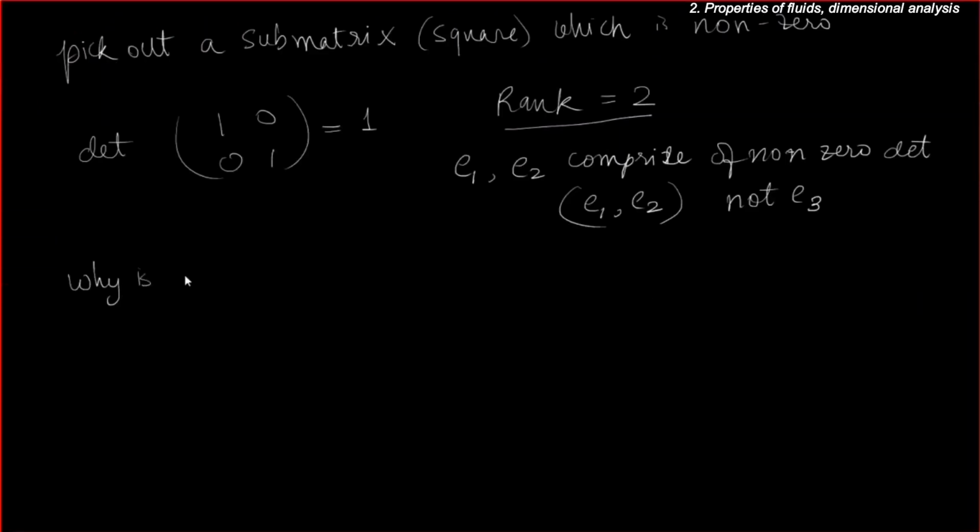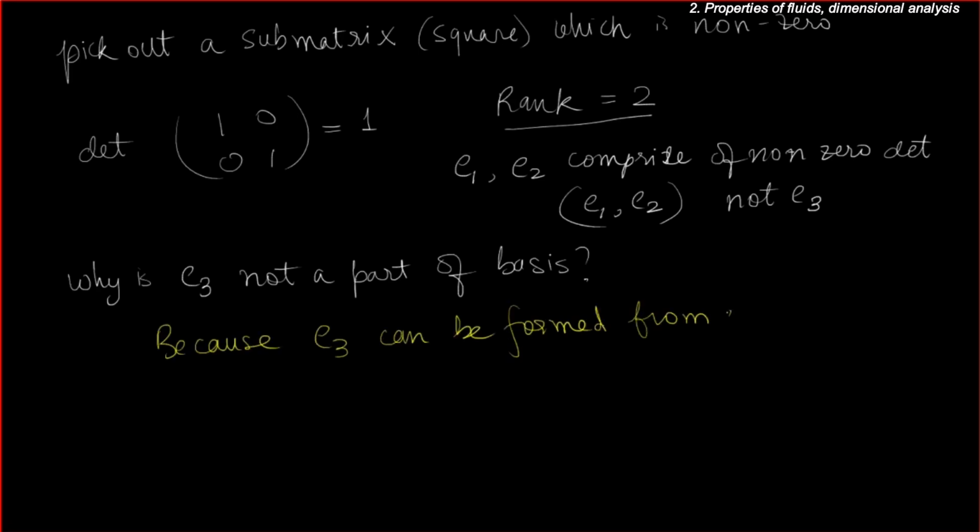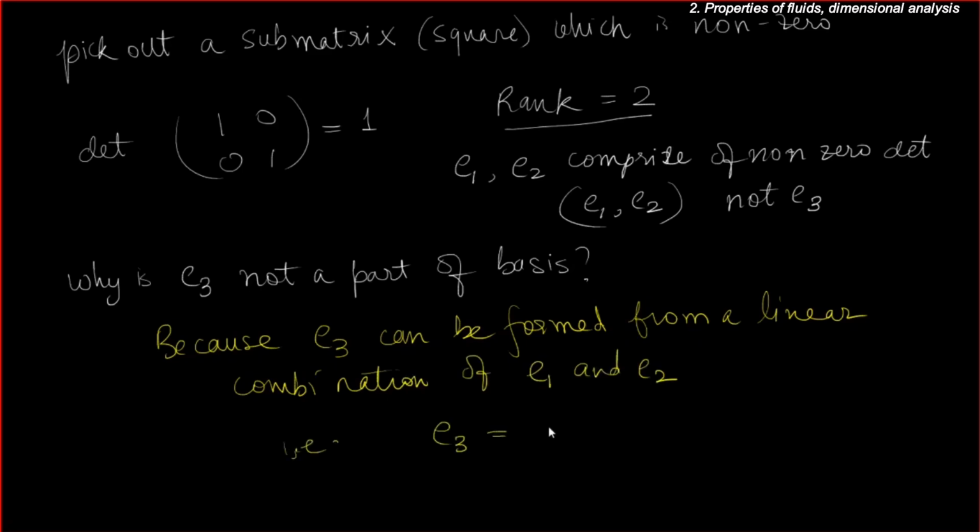It means that only two vectors, e1 and e2, comprise the basis of the three vectors. And we have discussed already that e3 is nothing but a linear combination of e1 and e2.